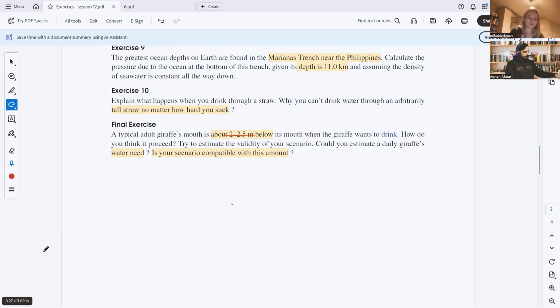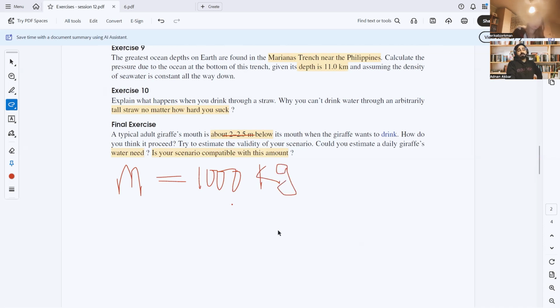Let us estimate the water it needs to drink on a daily basis. For that purpose, we consider the giraffe mass equal to 1000 kg. Previously we solved a question about the elephant, where we used Kepler's laws with a factor of the mass of the elephant to the mass of the person raised to the power 3/4.